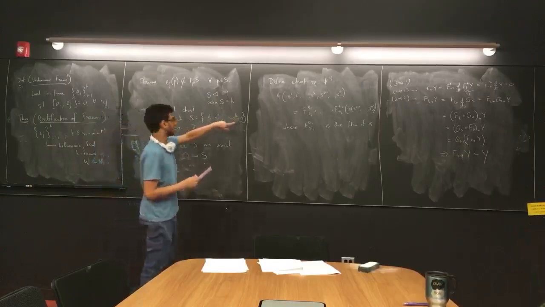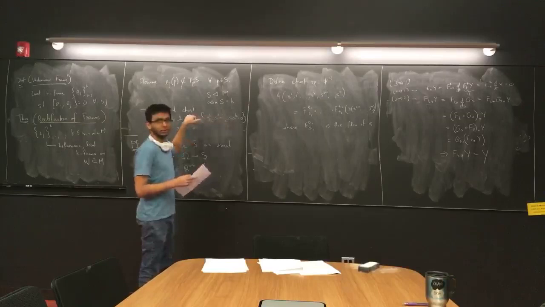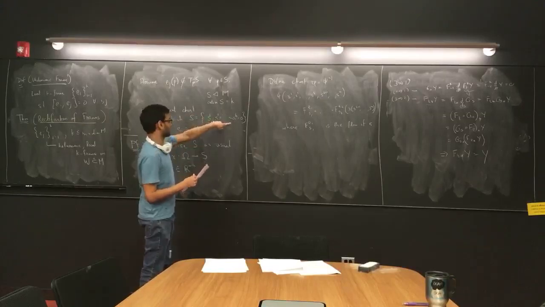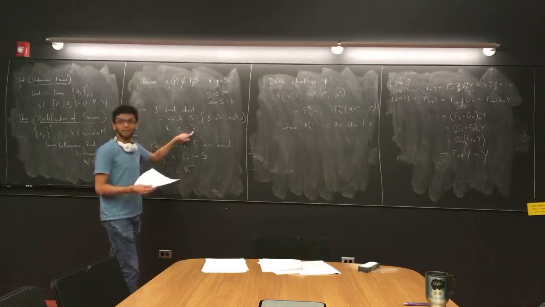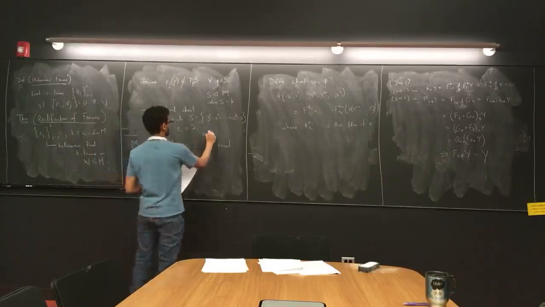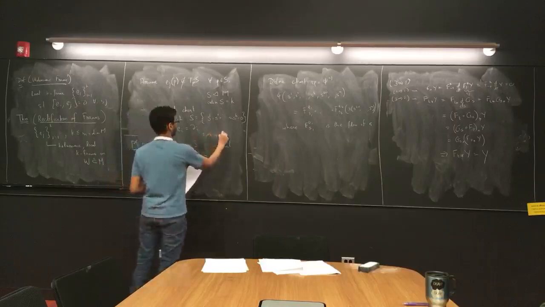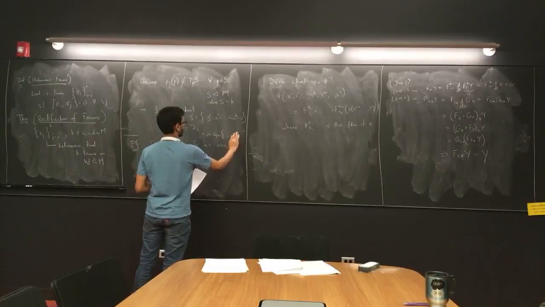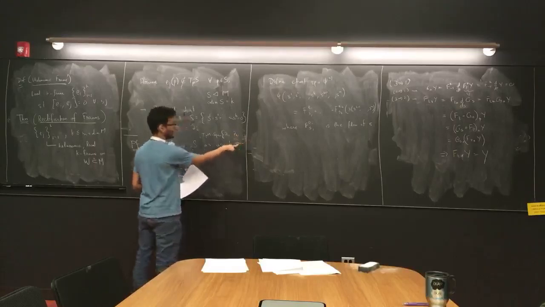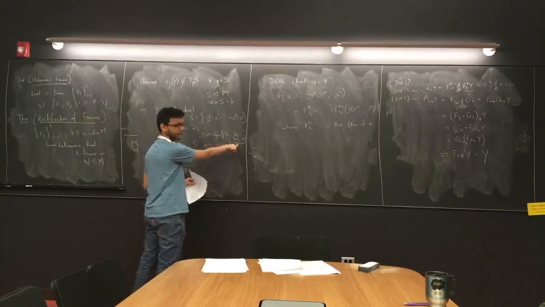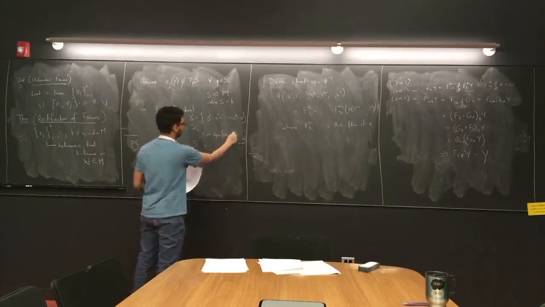Sorry, it's the other m minus k coordinates that form a chart on S. But you also have these, and in these directions you'll still have a derivative basis for the tangent space of M. So these span T_pS, and then you have these which are going to be E_i.